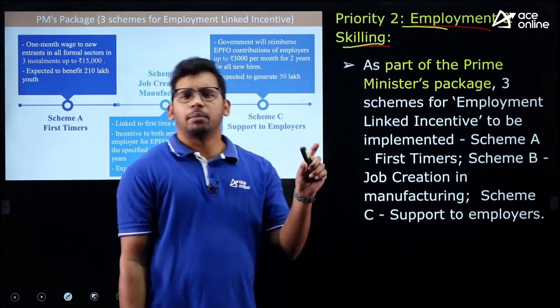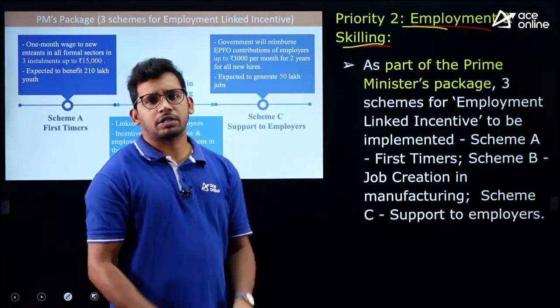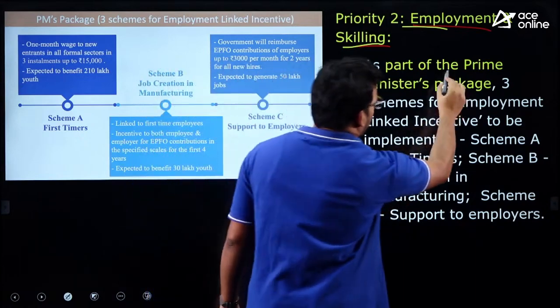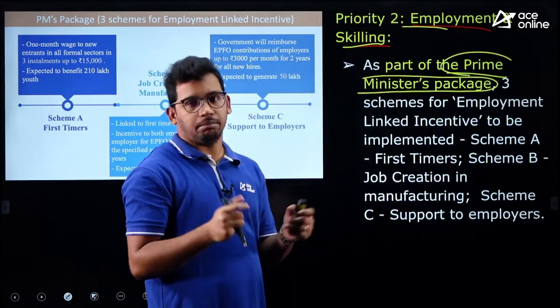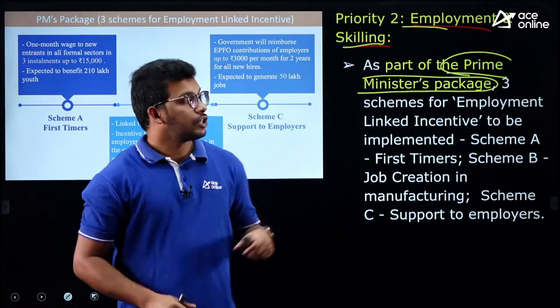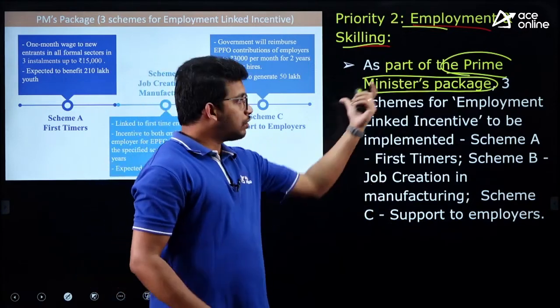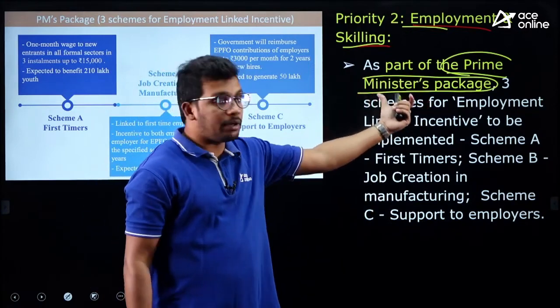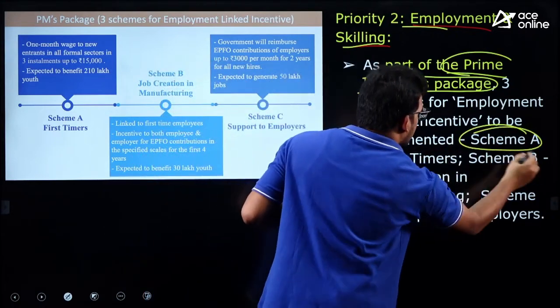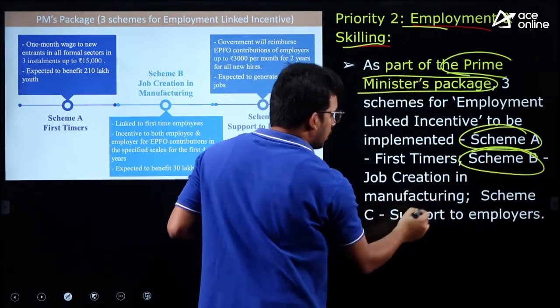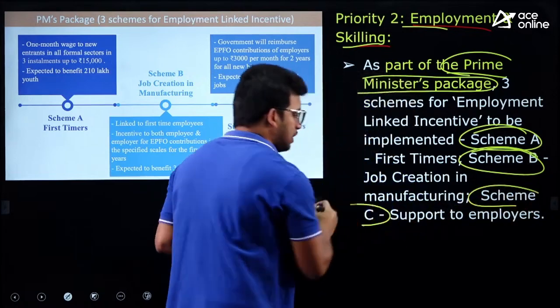Whatever package, the money that was provided, was named the Prime Minister's package. This is like a scheme, the funds, right? So they are going to give the funds under the name of the Prime Minister package. Under this package there are 3 schemes, scheme A, scheme B and scheme C. We will see in detail.